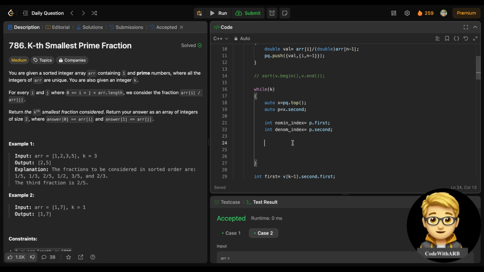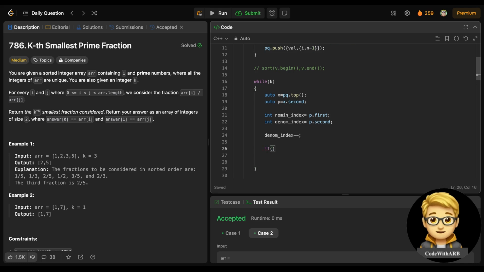Now what we need to do, we will need to decrement this denominator so that the next element which will be inserted will be greater than the previous elements, right? So we need to check first that this numerator index should not be equal to the denominator index, and then only we will insert in my answer, right?